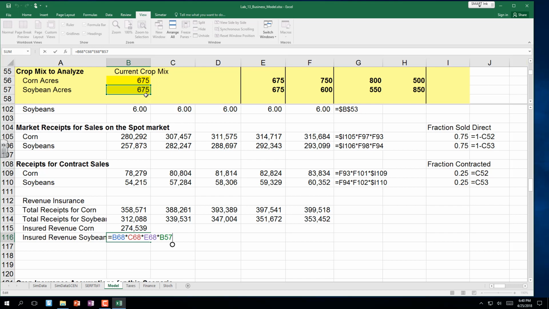So there's a lot to be said for organization. Disorganized people have a hard time with their models. Because I'm insuring at the same price every year, and I have the same planted acres every year, I can just drag those two numbers across.